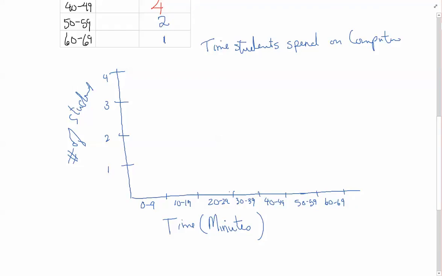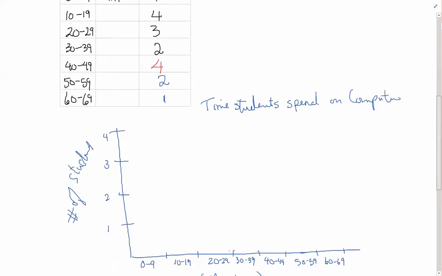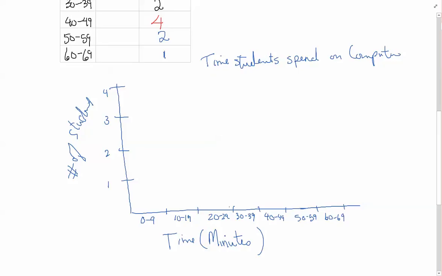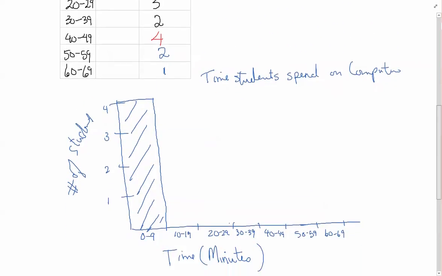Going back to our data, from 0 to 9, there were 4 students. So we would draw a bar that is the width of the interval and the height of the frequency. And then we have 4 again.